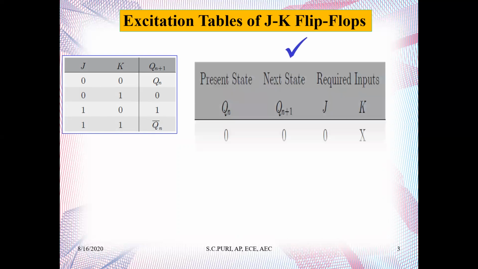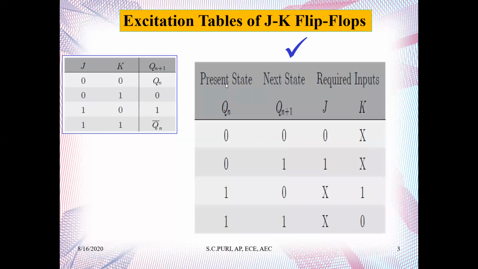Now let us see the excitation table: present state, next state, required input JK. Now we go to 0 to 0. 0 to 0 can be obtained either by no change or reset. So it can be 0, 0 or 0, 1. So it will be 0, don't care. Now 0 to 1 can be achieved, and in the JK flip-flop we have this valid state.